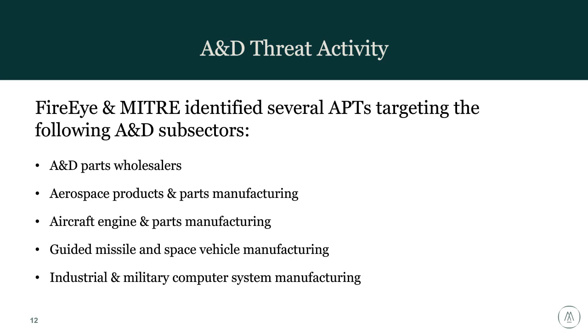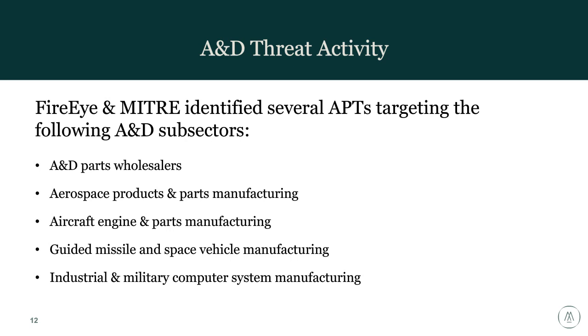So anyone on this call who happened to fall into one of these subsectors, unfortunately, they're targeting you, right? There is a crosshair on your company. So just please be aware. So A&D parts wholesalers, and then a whole bunch of folks in the manufacturing area: manufacturing aerospace products and parts, aircraft engines and parts, guided missile and space vehicle systems and subsystems, and then the industrial and military computer systems.